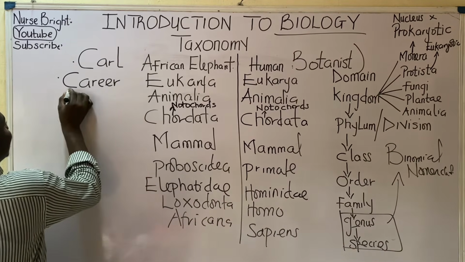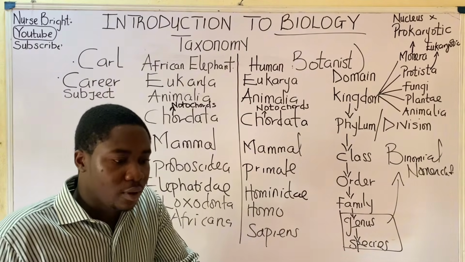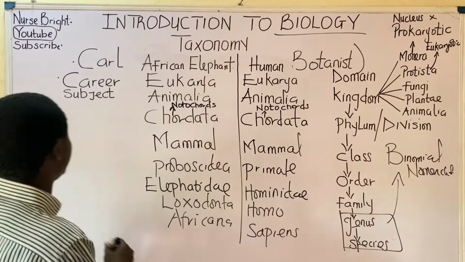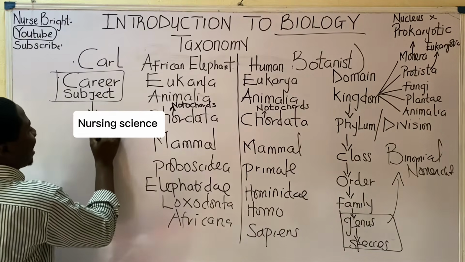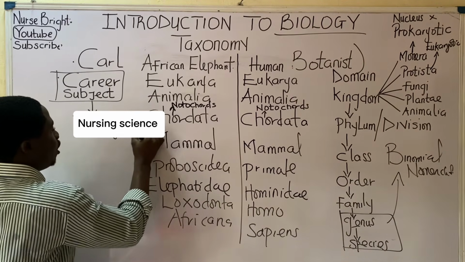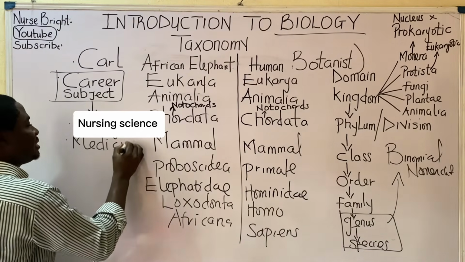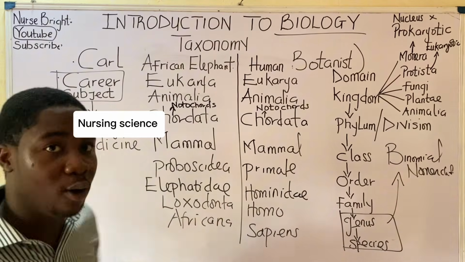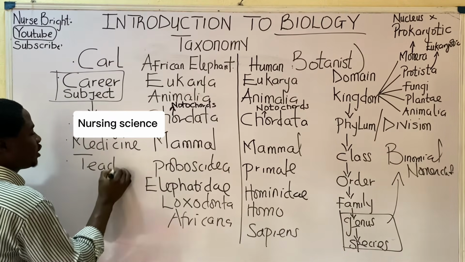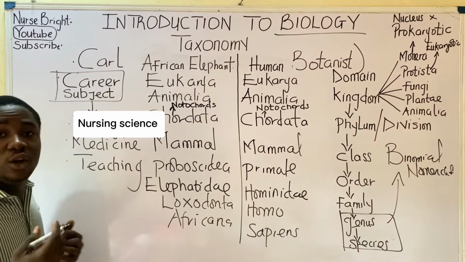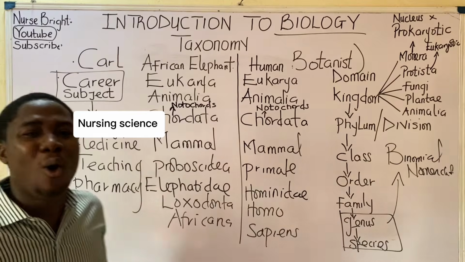This is very important, meaning that with the knowledge of biology, you can actually become a professional. With the knowledge of biology, you can study nursing science as a profession. You can study medicine as a profession. You can become a teacher. You can study pharmacy. Do you understand? And so on and so forth.